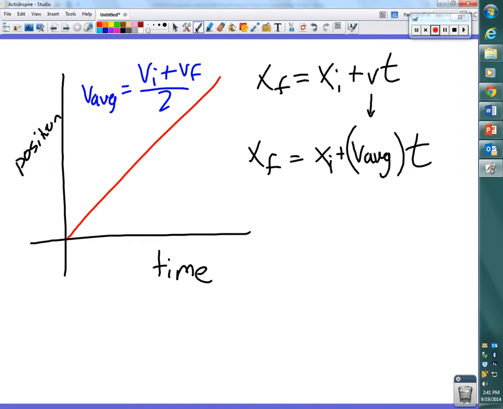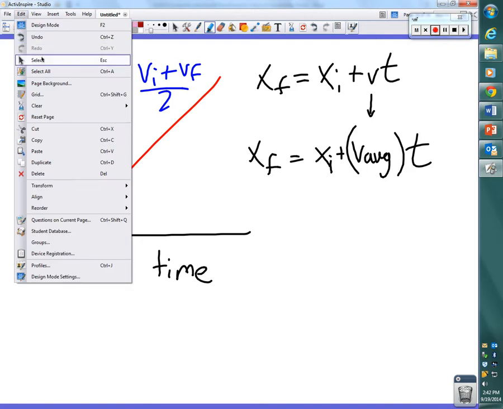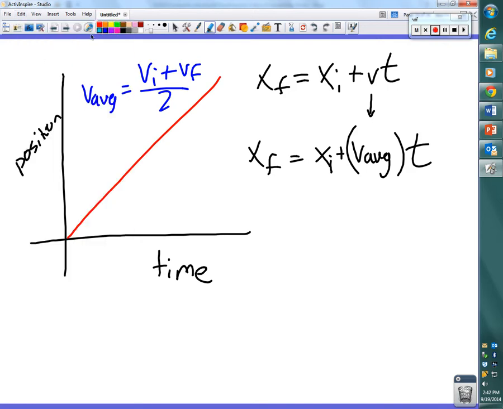So here, we have an expression for average velocity, or we have average velocity as part of that expression, so we plug it in. So we end up with, not that, this one, right?